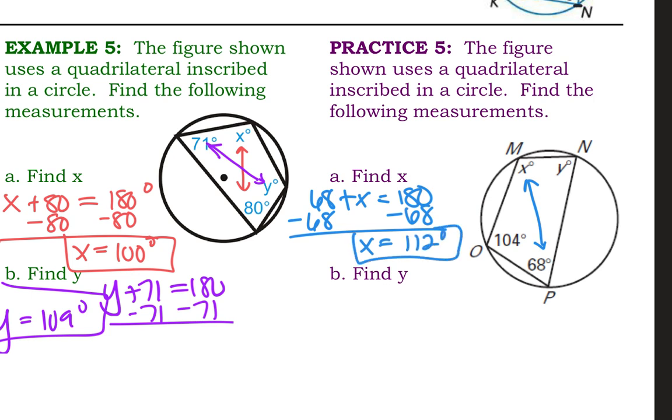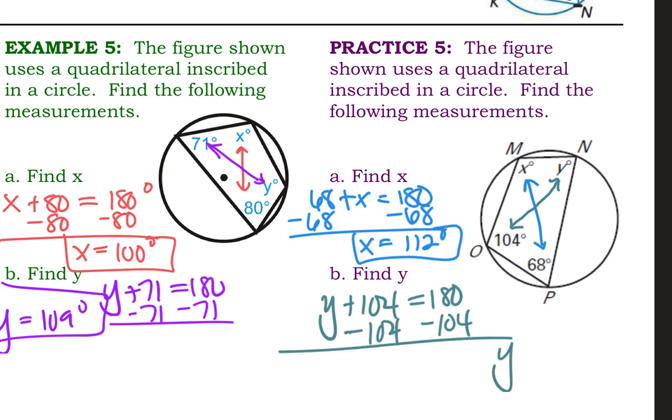All right, then let's do the last one with the Y, Avery. What's going to go with the Y, Avery? 104, good. Y plus 104 equals 180. What should I do with the 104? Subtract it, Avery. Can you subtract it for me, Avery? What do we get for that Y value?